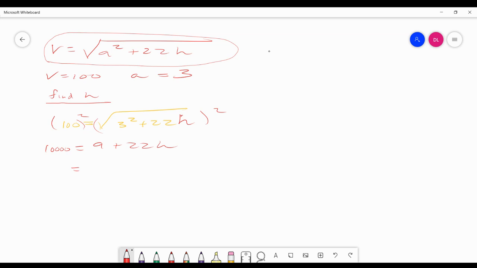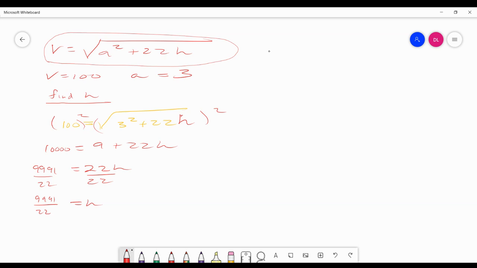And then we subtract 9, so we're going to get 9,991 equals 22h. And then we'll divide both sides by 22. And we get a problem that looks like this. And you can plug that into your calculator, and you'll get an estimated decimal.